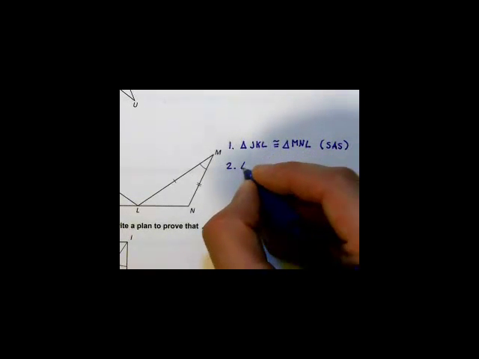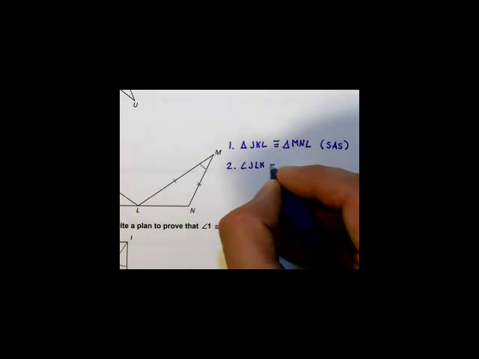And then, why do we know that? SAS, yeah. And then number 2, I want to then prove that angle JLK is congruent to angle MLN, and that's CPCTC.